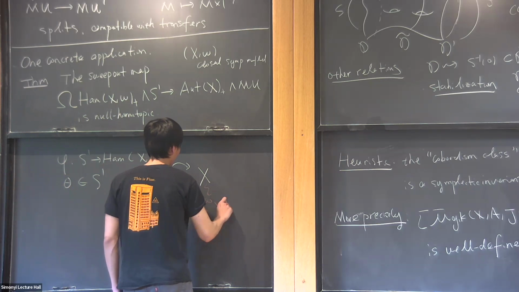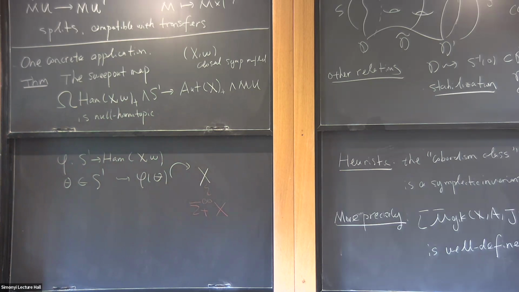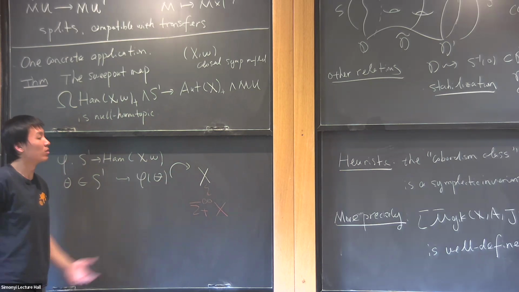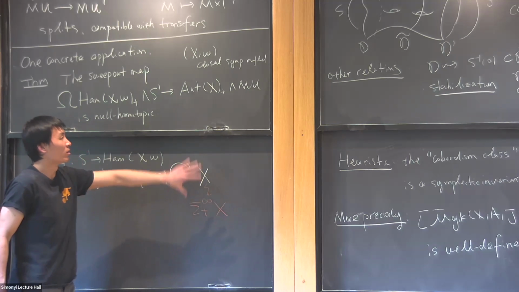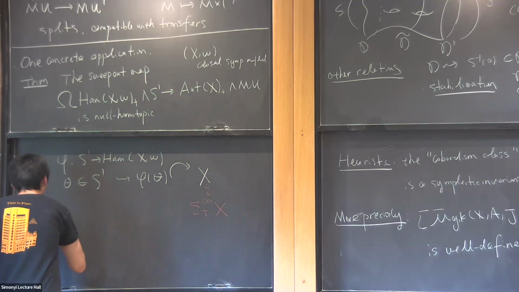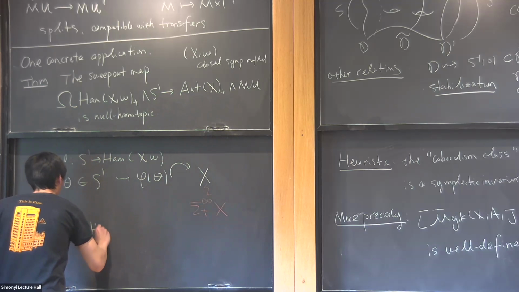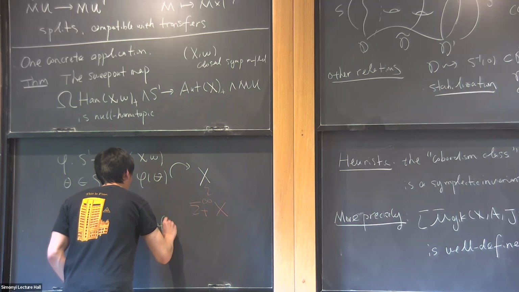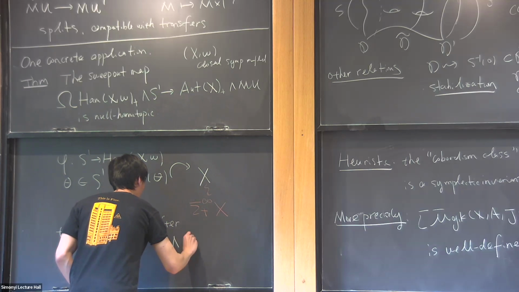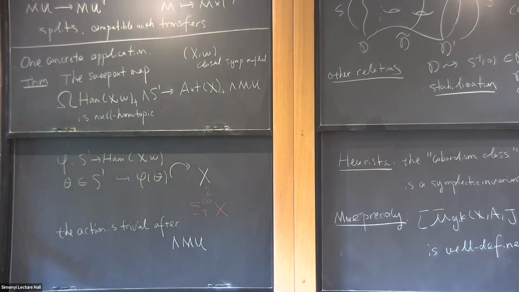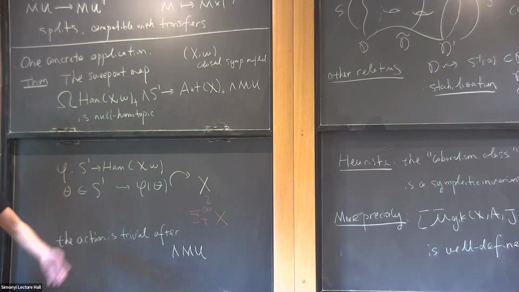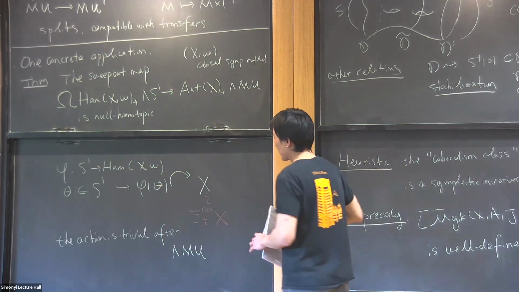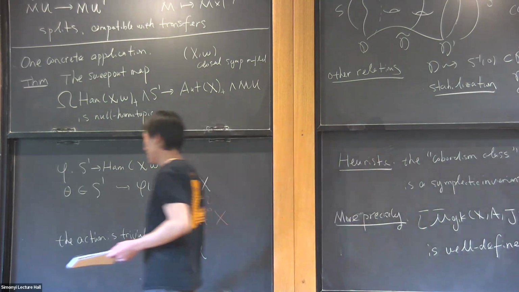So in other words, we just care about the stable homotopy of this space. Then this action becomes trivial once you smash this space with complex cobordism. If you don't look at things as refined as stable homotopy groups, but just look at complex cobordism groups, this map is sort of trivial.